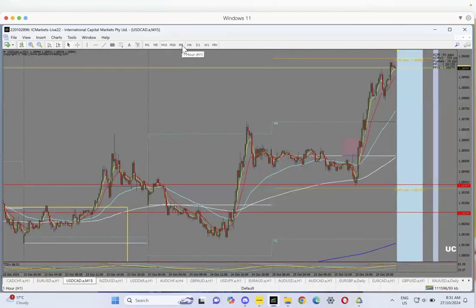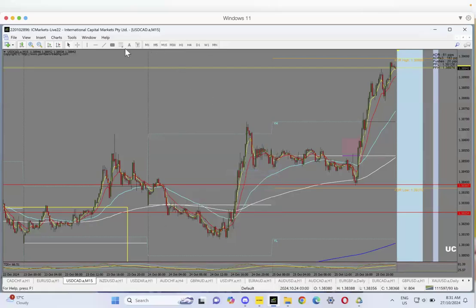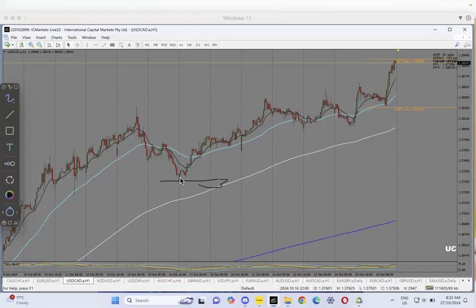USD CAD, I love the fact that they actually pushed up as well, because I was missing a level when I counted it. I was actually counting it and I said, this is my 3. This is my 1.